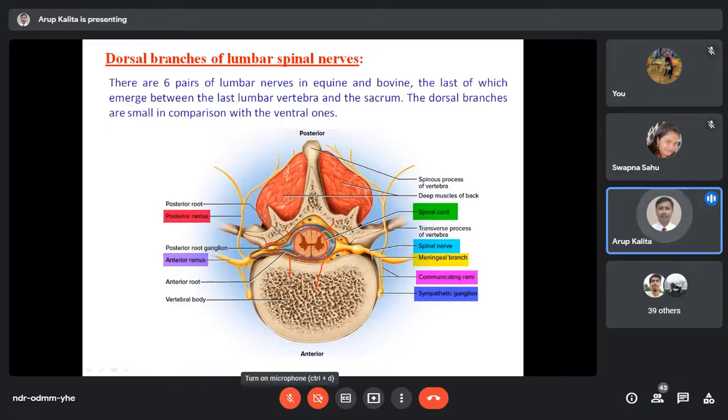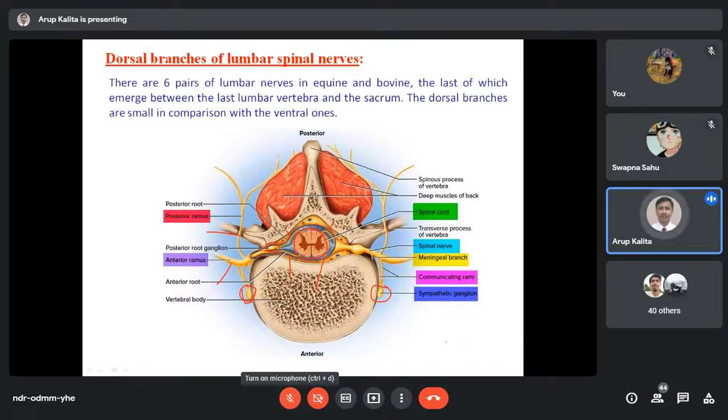This is the dorsal spinal nerve, and this is the ventral spinal nerve. The ventral spinal nerve is larger than the dorsal spinal nerve. And the ventral spinal nerve has the sympathetic ganglion. Here, this is the sympathetic ganglion.